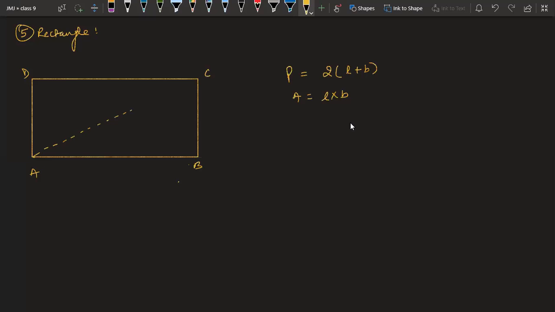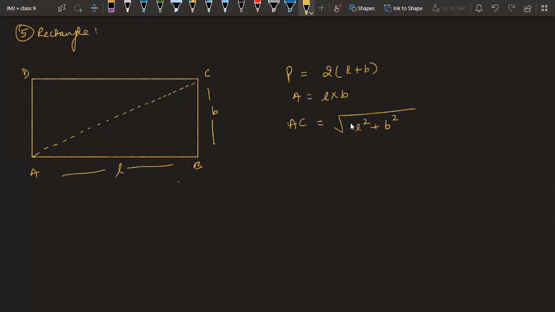The length of the diagonal, in this case, if this is length L and this is breadth B, will again be given by Pythagoras theorem only, good Mishti, and that will be under root L square plus B square.